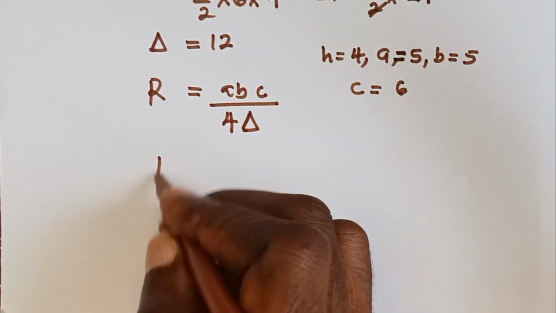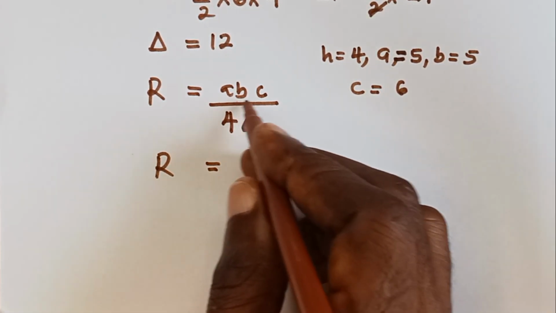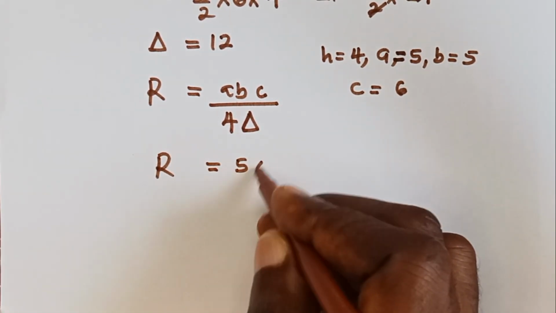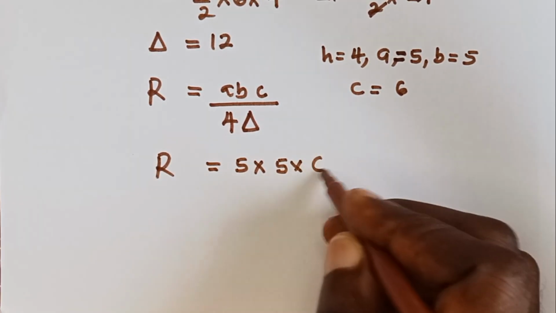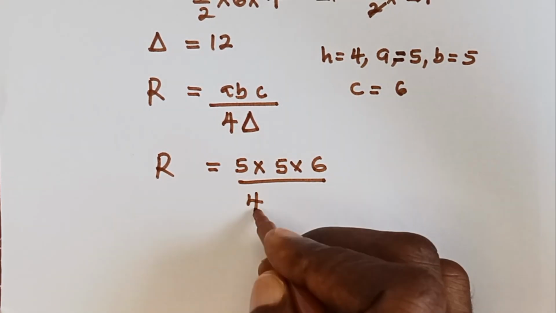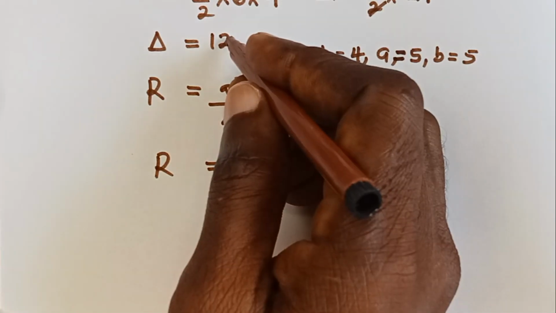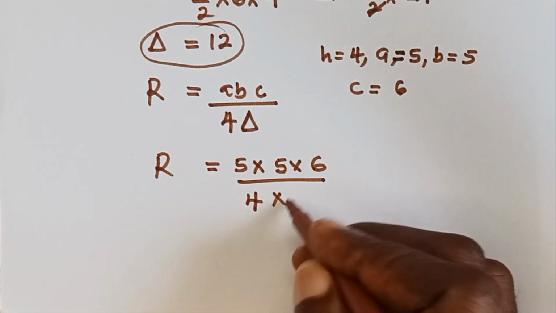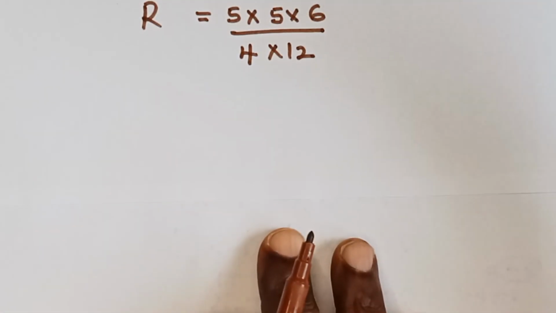So now our radius equals A times B times C, that is 5 times 5 times 6, over 4 times the area of the triangle, which is 12.